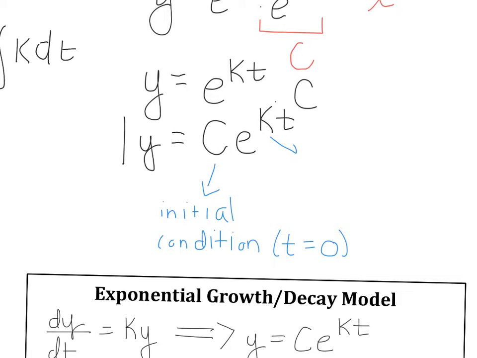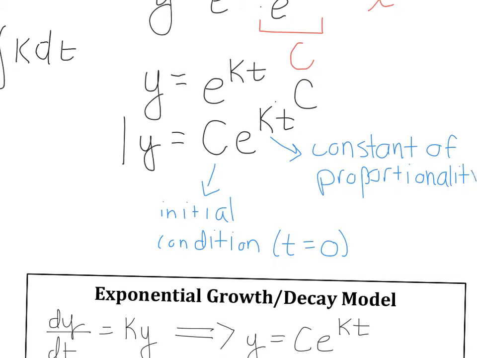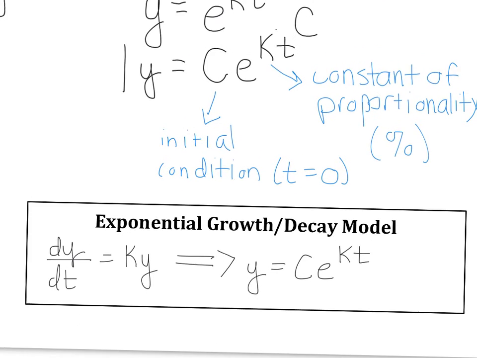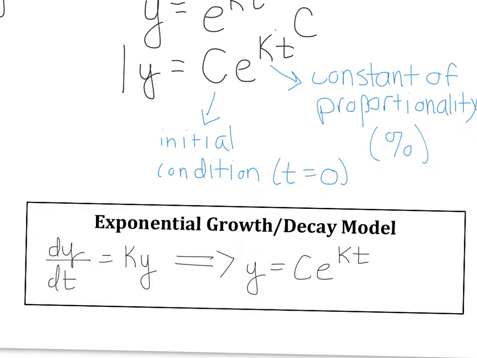And then k is called the constant of proportionality. And that'll usually just correspond with the percent growth or decay. But this is what you want to stick in your memory right here.